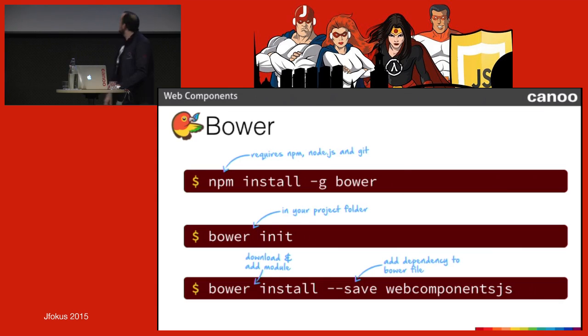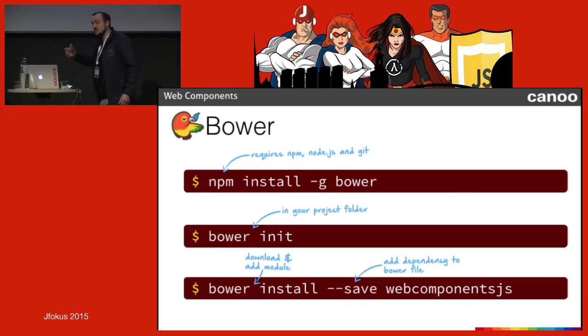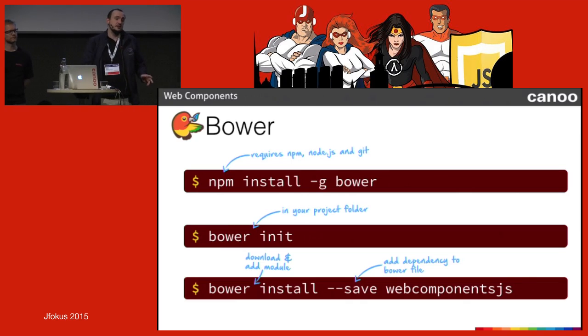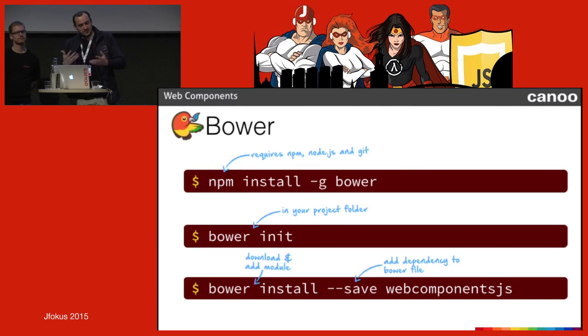And then you can simply install new dependencies. So in the last line, we install the web components JS package or module. This is a dependency. And by doing so, this will add it as a dependency to the Bower file that describes the application and directly download the module and add it to the dependencies of the project. So this is just to start.